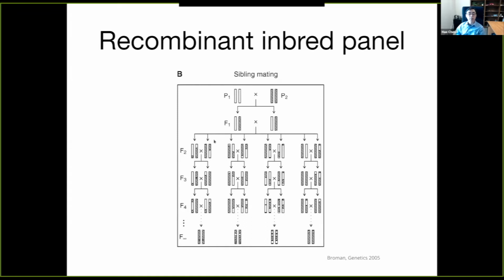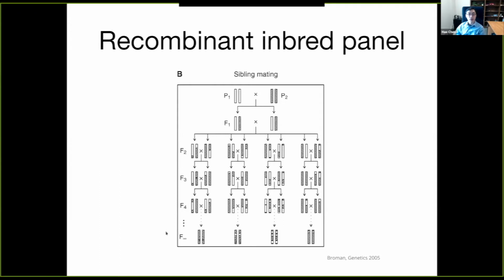So one method that was developed in the 1950s, I think, is to take the F2s and start inbreeding them. And by inbreeding, full sib inbreeding for maybe 20 or 30 generations, you get individual inbred lines coming out of these two parental strains.